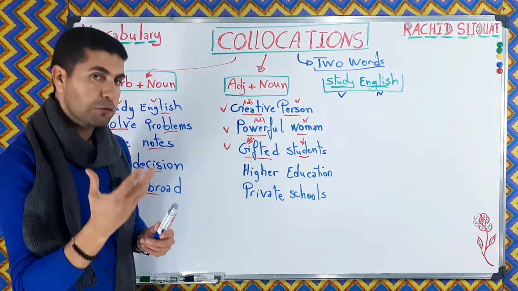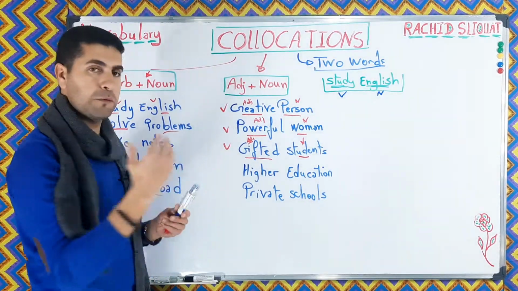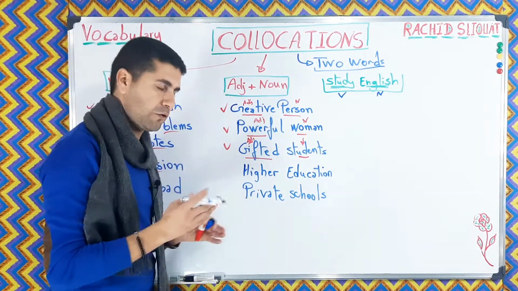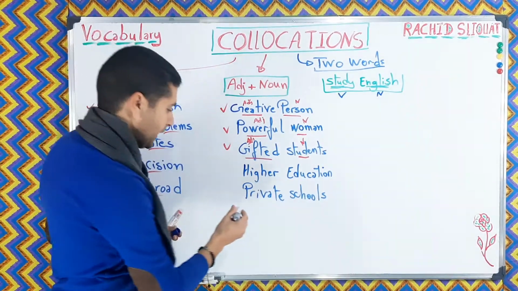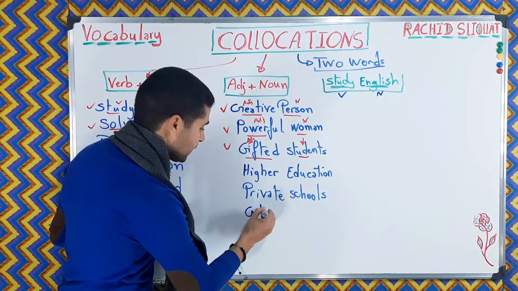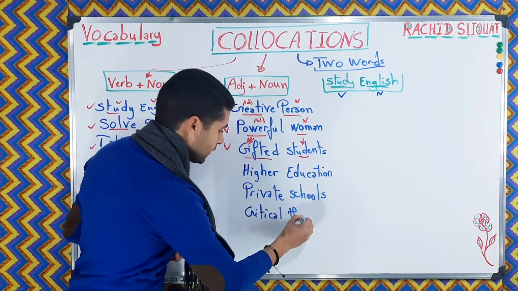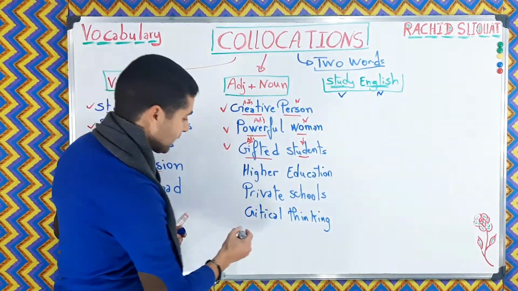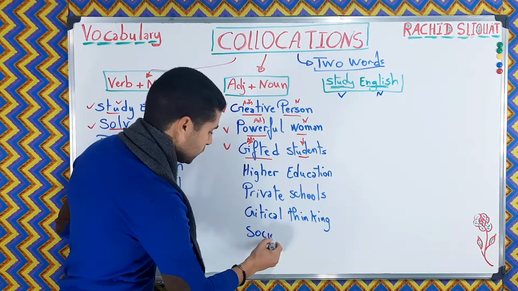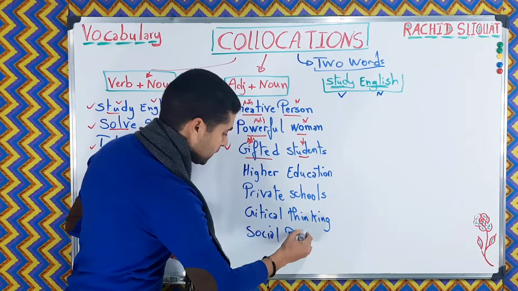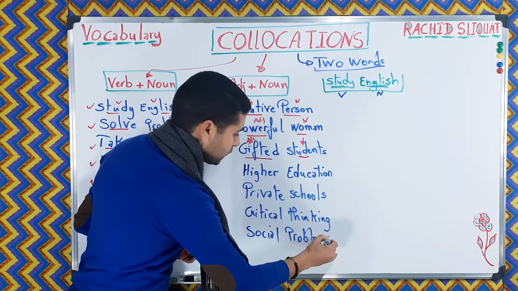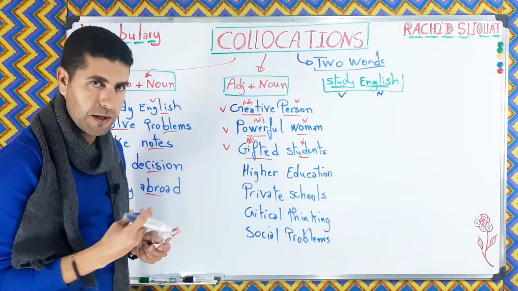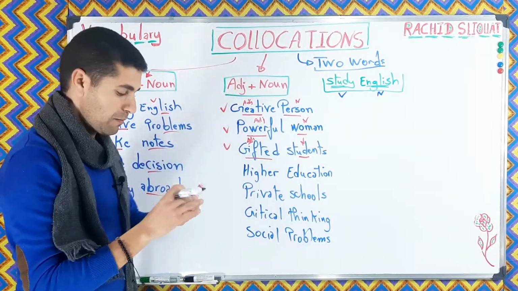We can also talk about, in the unit of education, another collocation, like, for instance, critical thinking. We can talk also about something like social problems, for instance, okay, social problems. We can talk about clean environment, again, clean environment, etc.